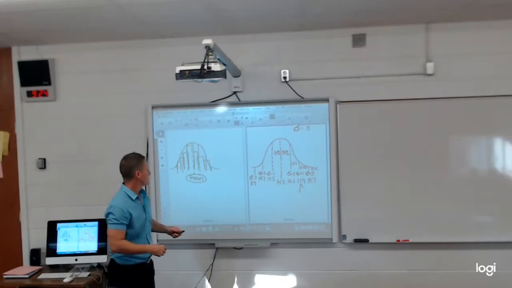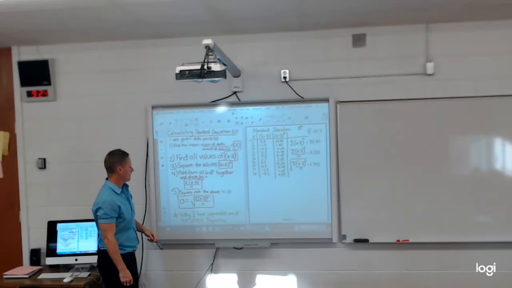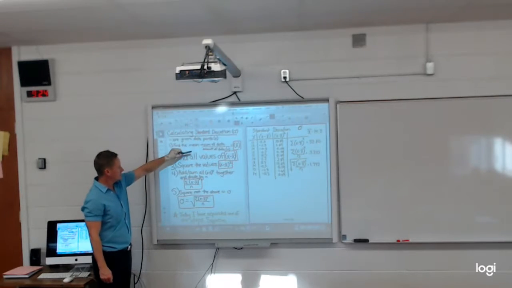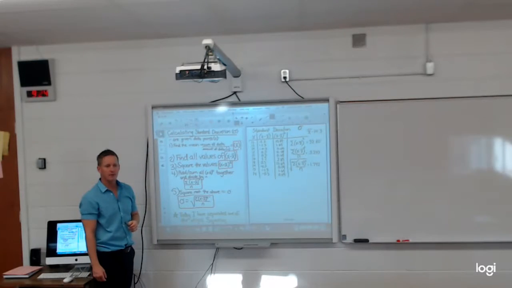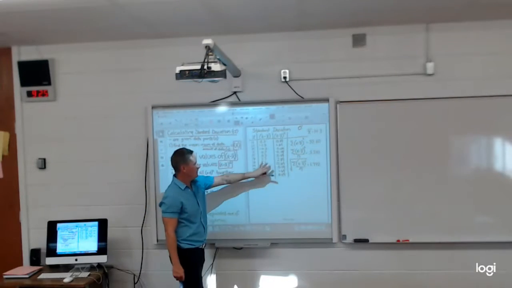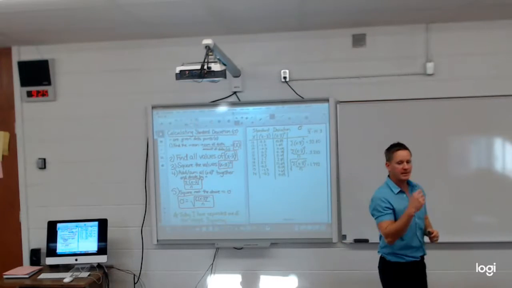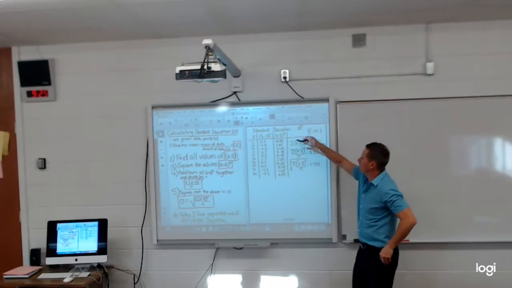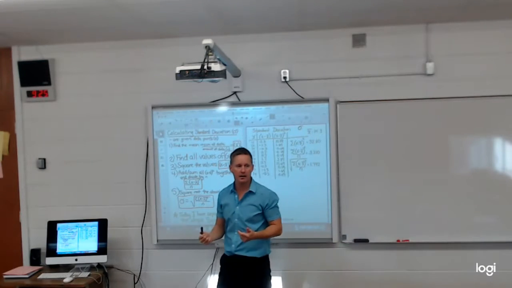All right? So what we have to have done here is this is your steps. This is what you just wrote down. You need to be able to calculate from a group of data, anywhere from 10 to 16 or 20 pieces of information, what the standard deviation is without the use of the calculator.